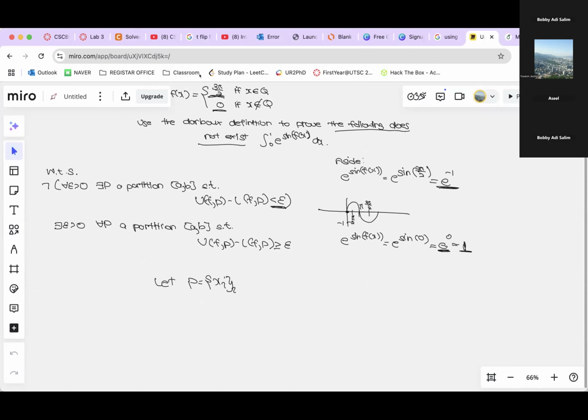So i equals 0 to n, be any arbitrary partition of 0 and 1.